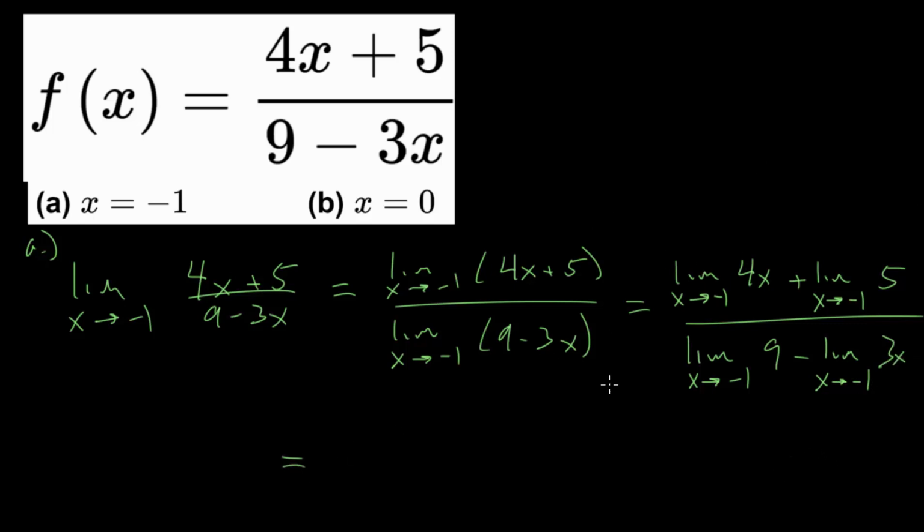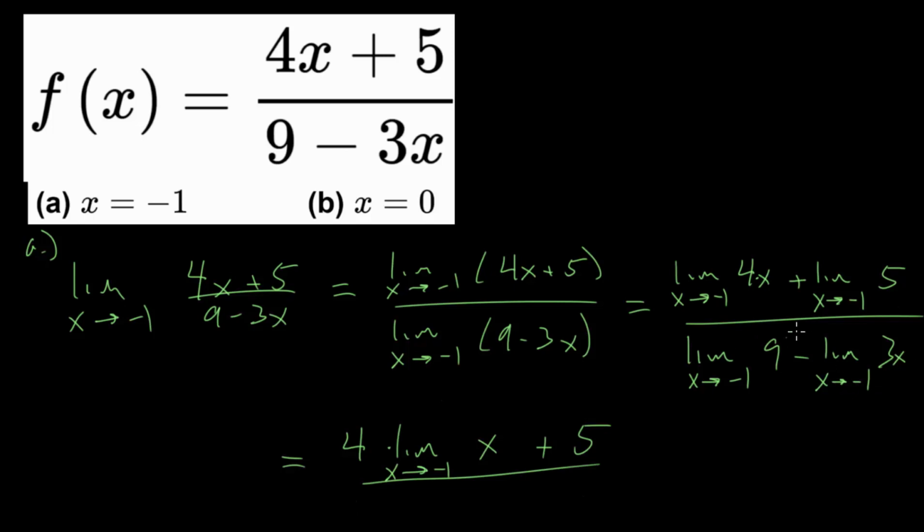And we can go one step further when we have a product, or I should say when we're multiplying our variable by a constant, we can essentially factor that constant out, where we have 4 multiplied by the limit as x approaches -1 of x, and the limit of a constant is just equal to that constant. Since there is no variable here, this is just 5.